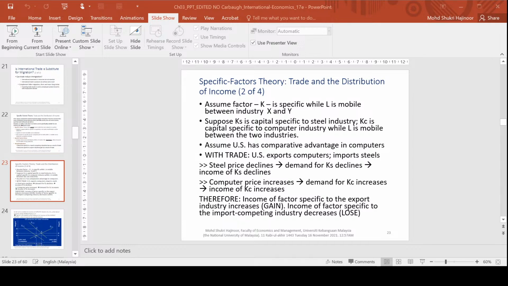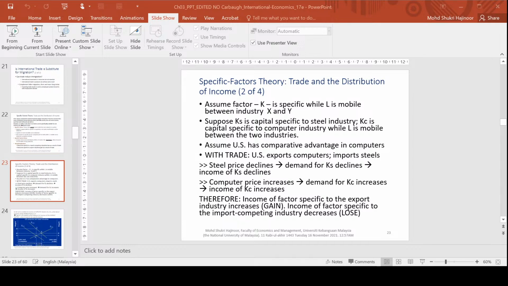Assume the United States has comparative advantage in computers. So the US will increase production of computers. Who thought that? Heckscher-Ohlin thought that. Before that, who thought that? Smith and Ricardo. So the United States has comparative advantage in computers, will specialize in computers, and will export computers.